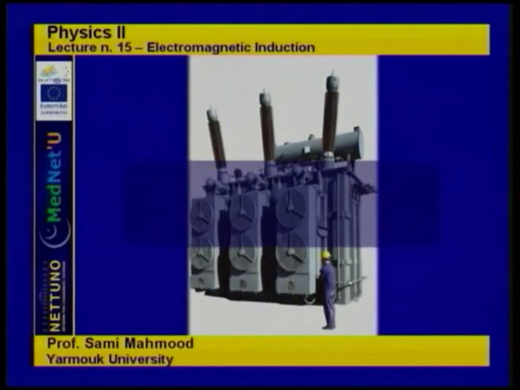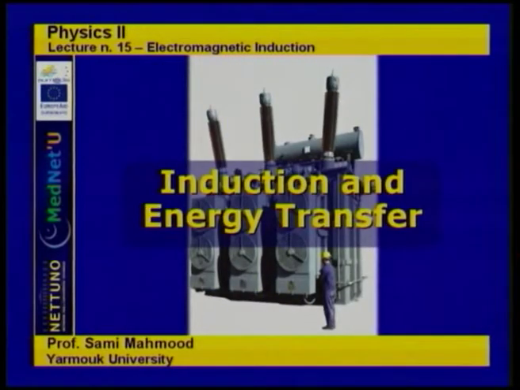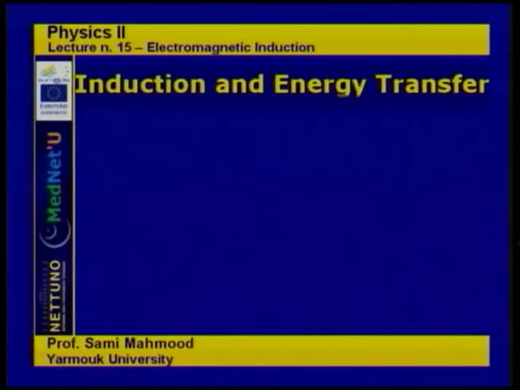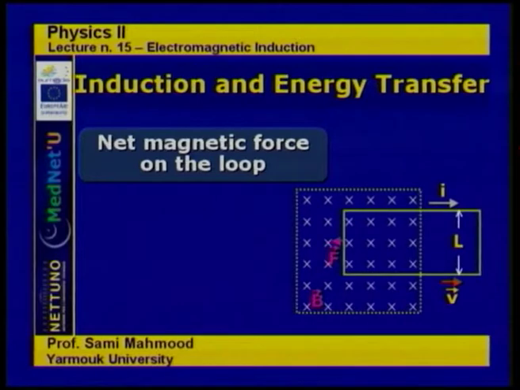And now we can talk about induction and energy transfer. Now, if we have a rigid loop that is moving in a region of magnetic field, the magnetic force is acting on this side of the loop.